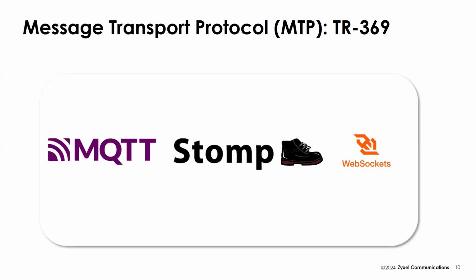But in TR369 technology, TR369 defines the following three protocols as MTP. For example, it could be MQTT or STOMP, and the last one is WebSocket. The protocols we mentioned here all have their own strengths for different use cases, and therefore it can be flexible for different customer deployments.